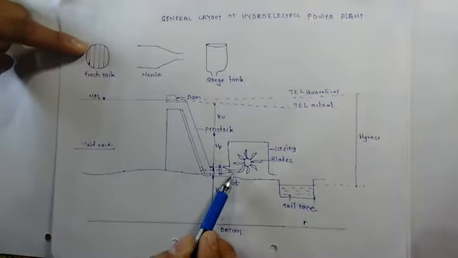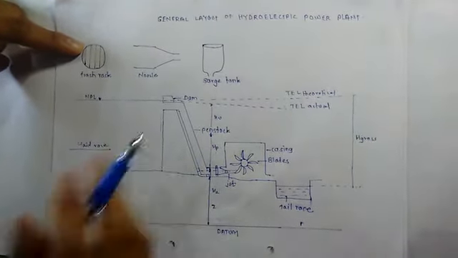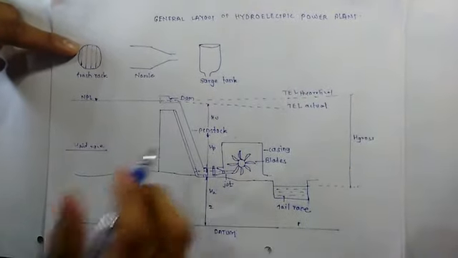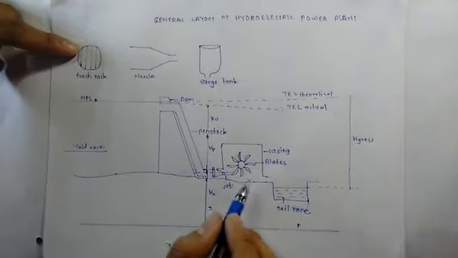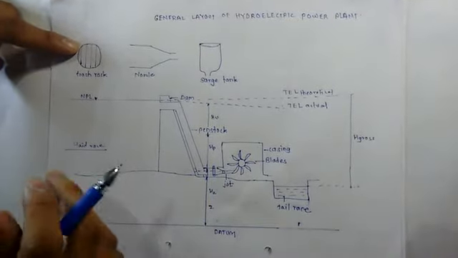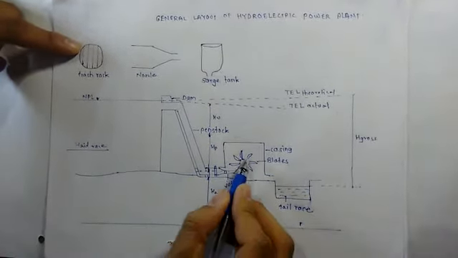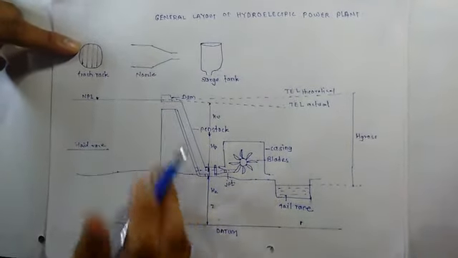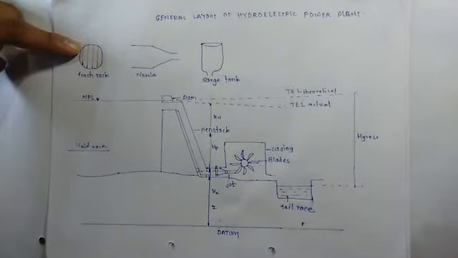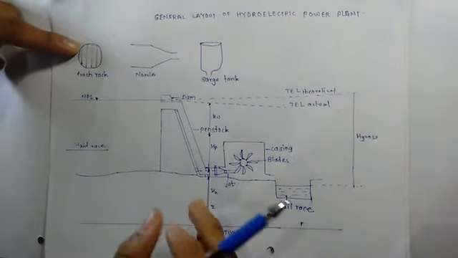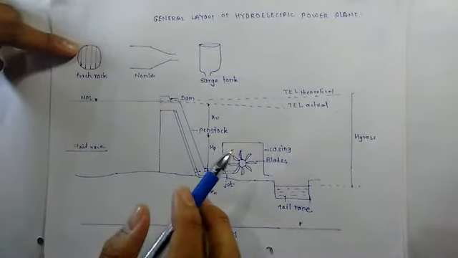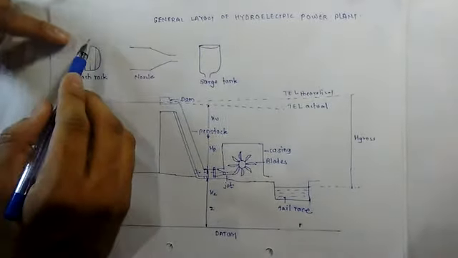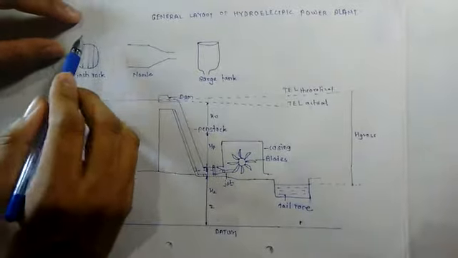Now this pipe-like structure, which can be made of concrete or steel, is named the penstock, which is used to supply the water to this thing called the turbine. Let me explain you the penstock in detail. At the entrance of this penstock there is a thing called the trash rack.